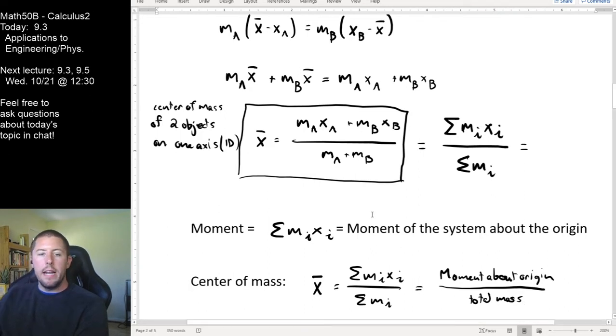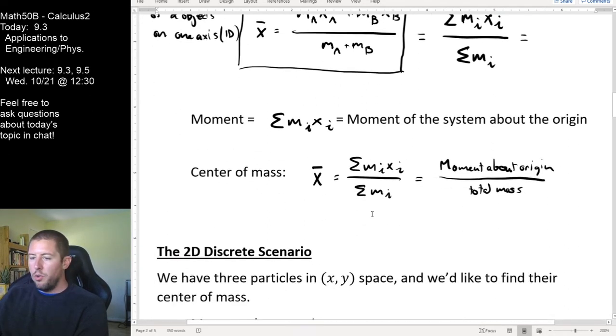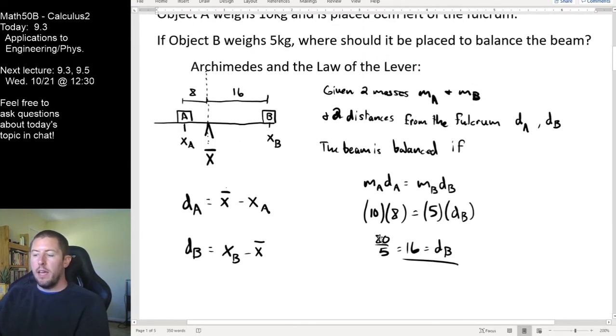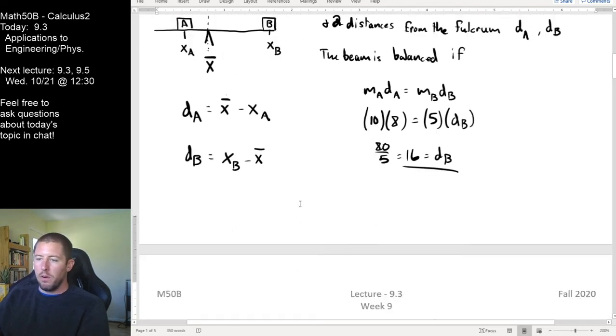So what we're going to do is extend these ideas now to a 2D discrete scenario. We solved this super basic problem of saying, based on Archimedes' law of the lever, that we should be twice as far away if we only weigh half as much to make this balanced. This just says there's a linear relationship between distance and mass when we're sliding things along a balance beam, a fulcrum.